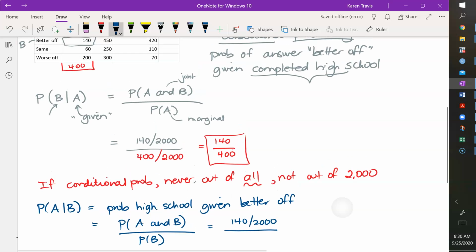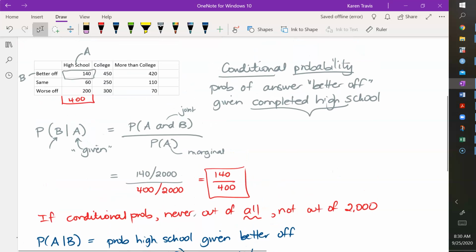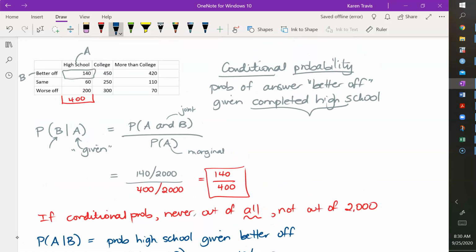But now what is the chance of B? The chance of B is the chance they're better off. The chance of better off comes from this. And if we remember that we have to add those up, that's going to be 1,010.